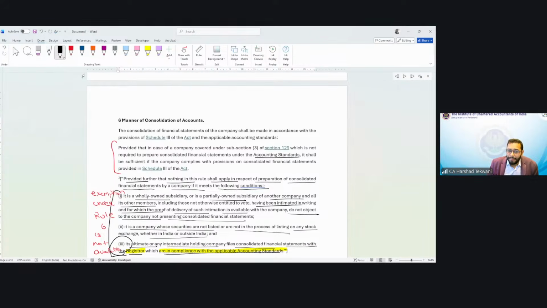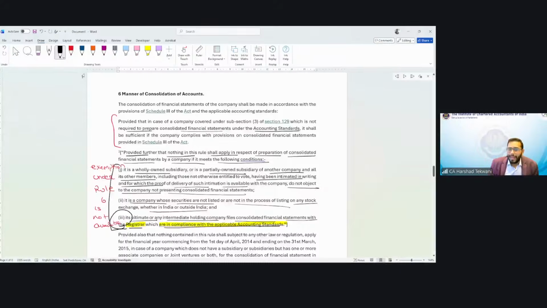So, if there is a company which is exempted under the accounting standards, who are not required to prepare consolidated financial statements, in that case, they only need to comply with the provisions on the consolidated FS as per Schedule 3. It shall be sufficient for that company. Now, when I talk about accounting standard, in this case, we need to see Ind AS 110.